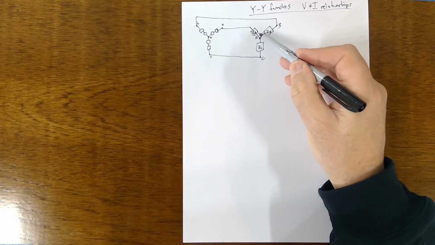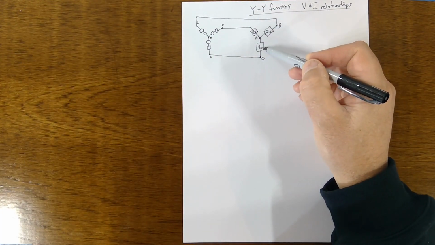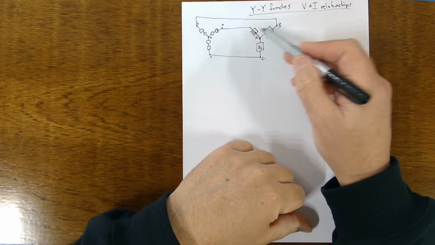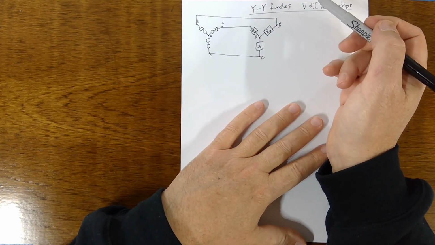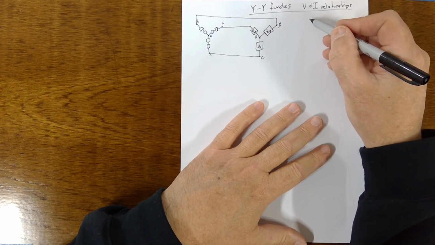All right, so we've got ZA, ZB, and ZC impedances, and they're the same. They're balanced. Do they tell us that?